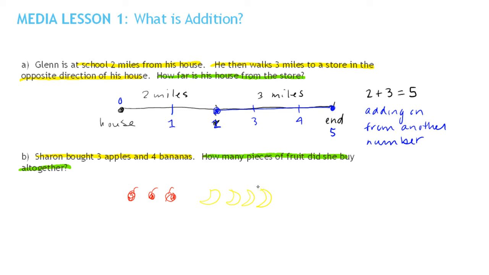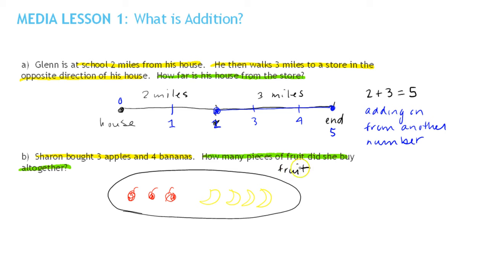At first we're thinking of these as 2 different groups of things, a group of apples and a group of bananas. But now we want to know how many pieces of fruit. These both fall in that category, so we're combining them into the bigger set of things that are fruit and seeing how many they are together. So now it doesn't matter if you're an apple or a banana, you're a fruit.